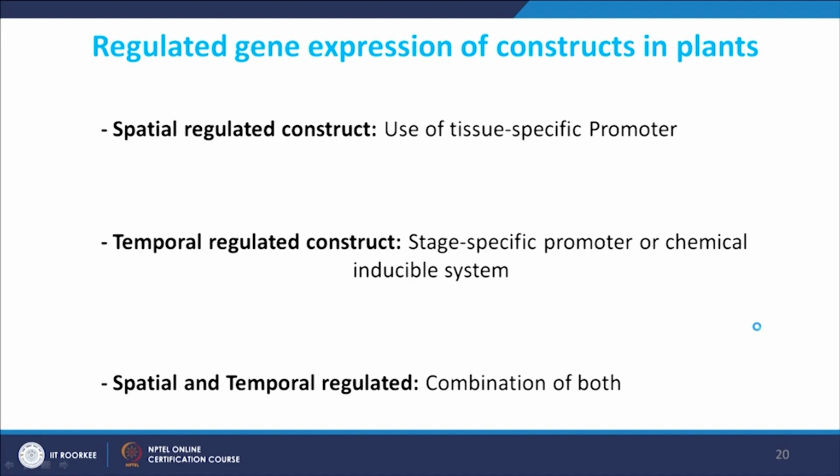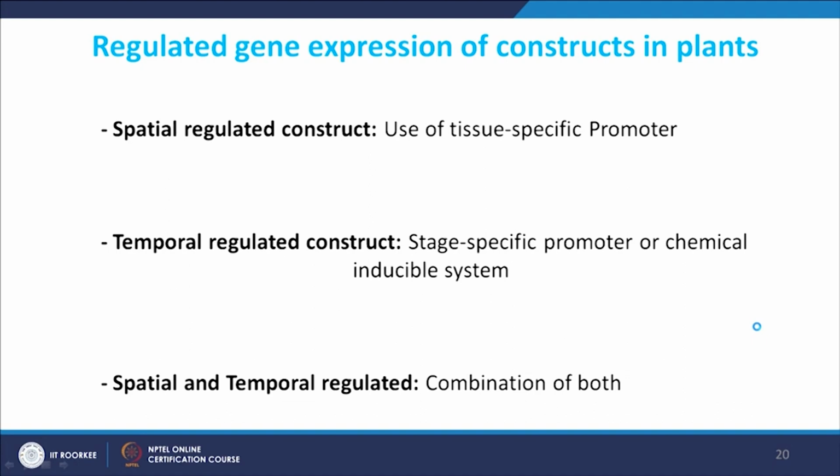So there are typically three ways you can regulate a gene. One is the spatially regulated construct. Instead of overexpressing a gene in all the tissues, you target overexpression to some of the tissue where you feel it might not be so harmful that it will cause lethality.